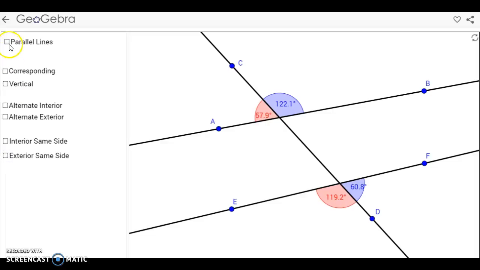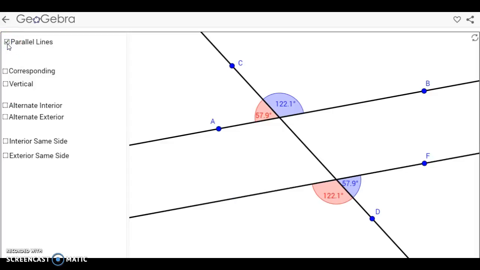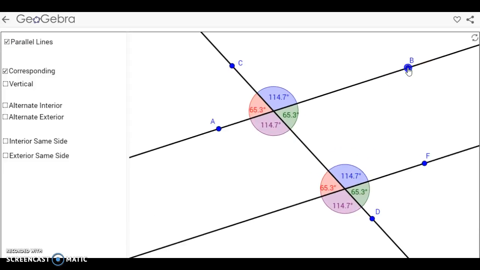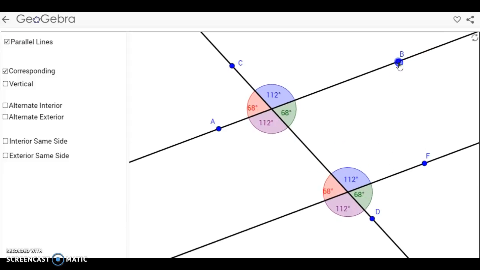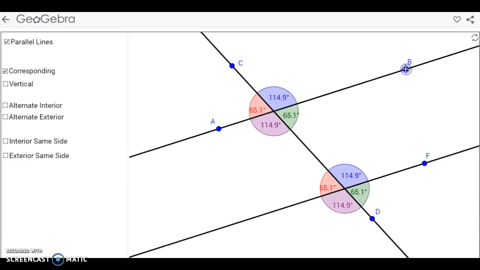Now something interesting happens when we click parallel. So again, if we go to our corresponding angles, you'll notice that if I start moving this around, everything gets adjusted, and those angle pairs that are corresponding end up being congruent, 114.9, 114.9.